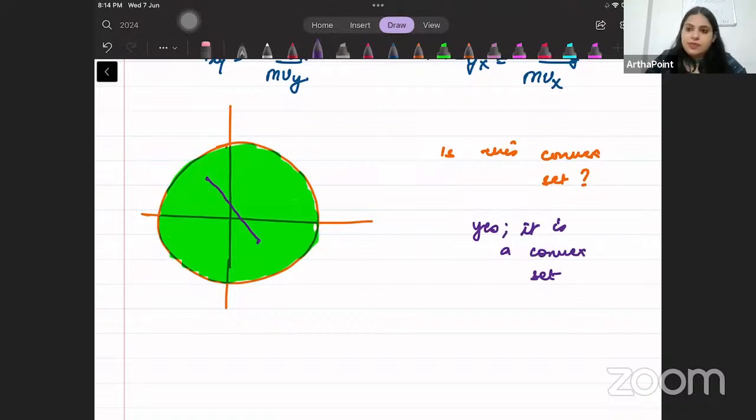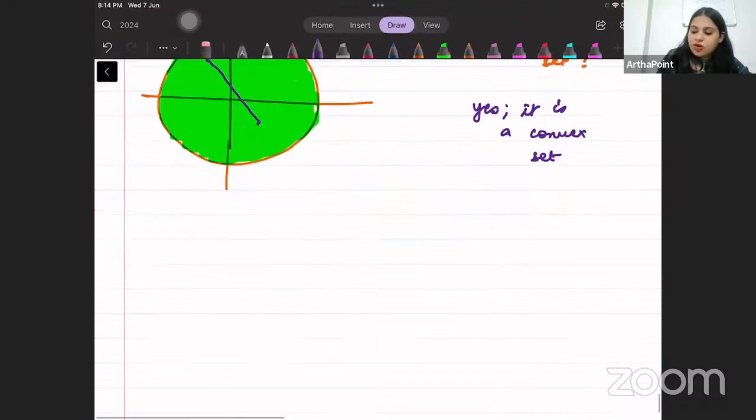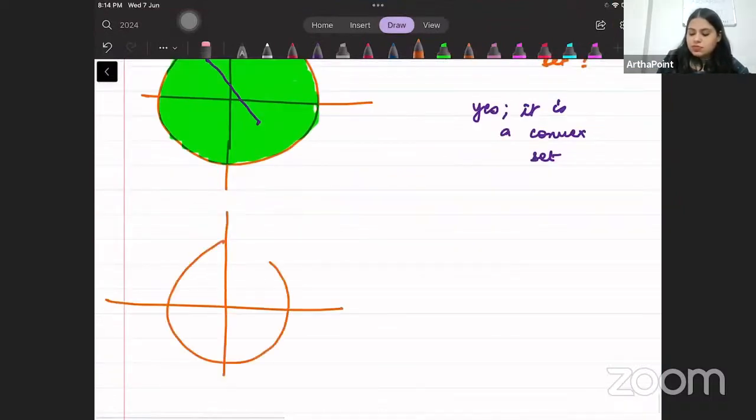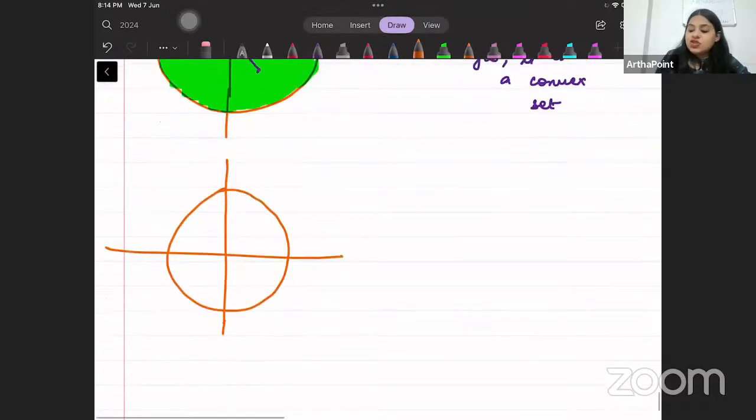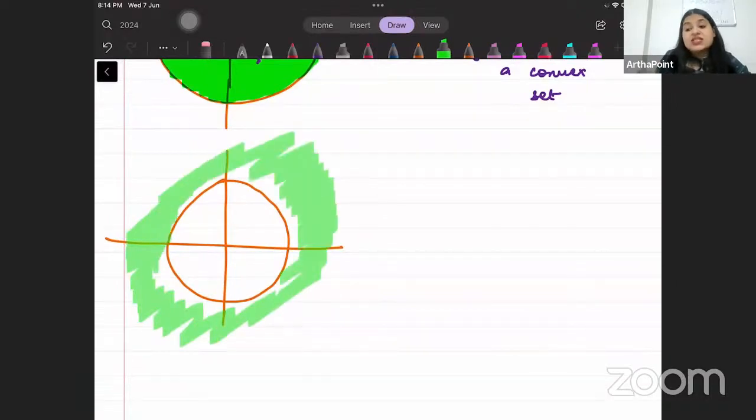Take another example. Let's say now also I draw a circle, but I shade the region outside this circle. This is the region.